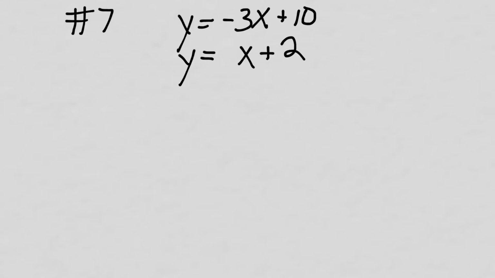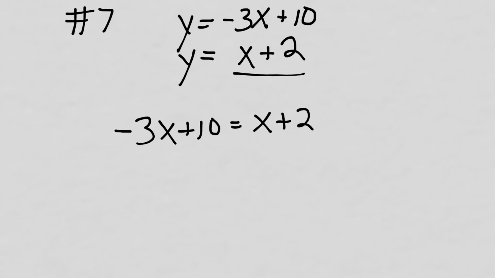All right. Number 7, we're still under substitution. Let's just go ahead and jump into it. Minus 3x plus 10 equals y, but we're going to substitute x plus 2. We do that to eliminate all the y's, so we can just solve for x.